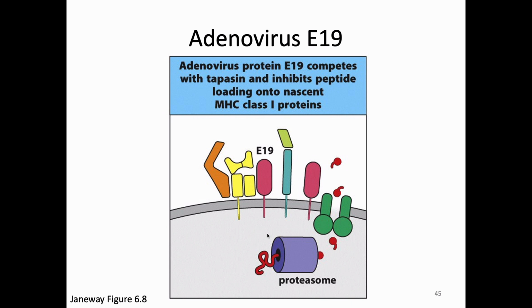So this virus evades at this step. So basically, if you can think of a step, there's a virus that evades it. And you can also imagine that in this case, the peptides are not going to ever make it to the surface, nor is the MHC ever going to make it to the surface. So self-peptide presentation and viral peptide presentation is blocked here.